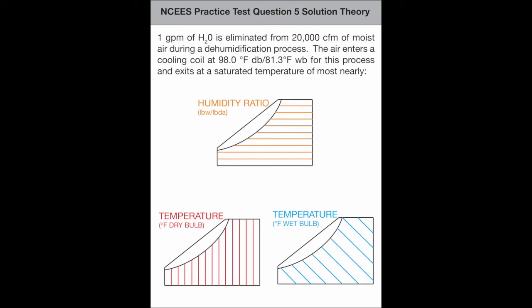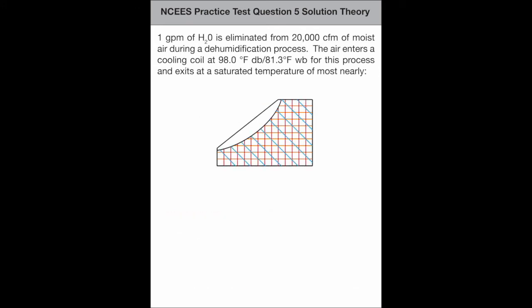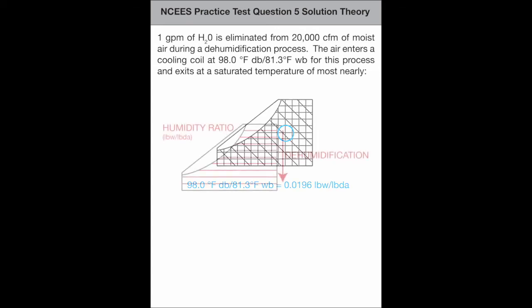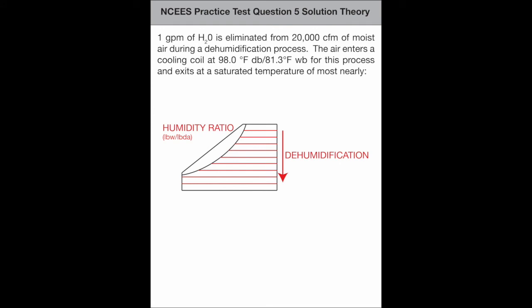The humidity ratio of air at 98 degrees Fahrenheit dry bulb, 81.3 degrees Fahrenheit wet bulb, is 0.0196 pounds mass per pounds dry air. From here, it will go down by some amount. It will have a smaller humidity ratio because of dehumidification. That's what needs to be found next.